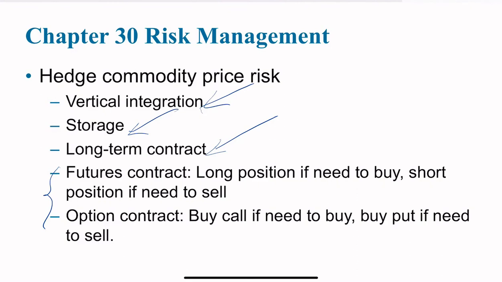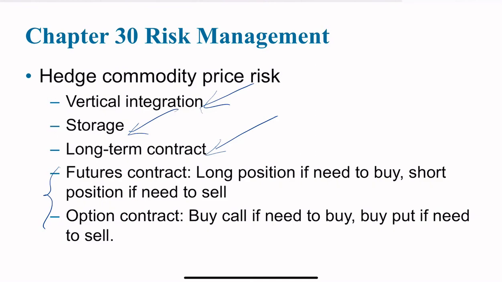For example, if you want to buy wheat in 1 year, then you could enter the long position in the wheat futures contract, and then you commit yourself to buy wheat in 1 year at a fixed future price.